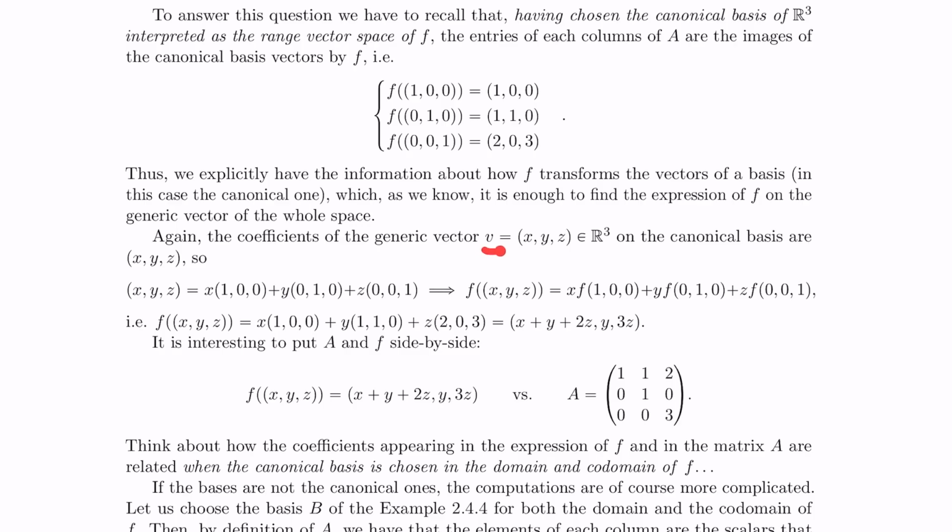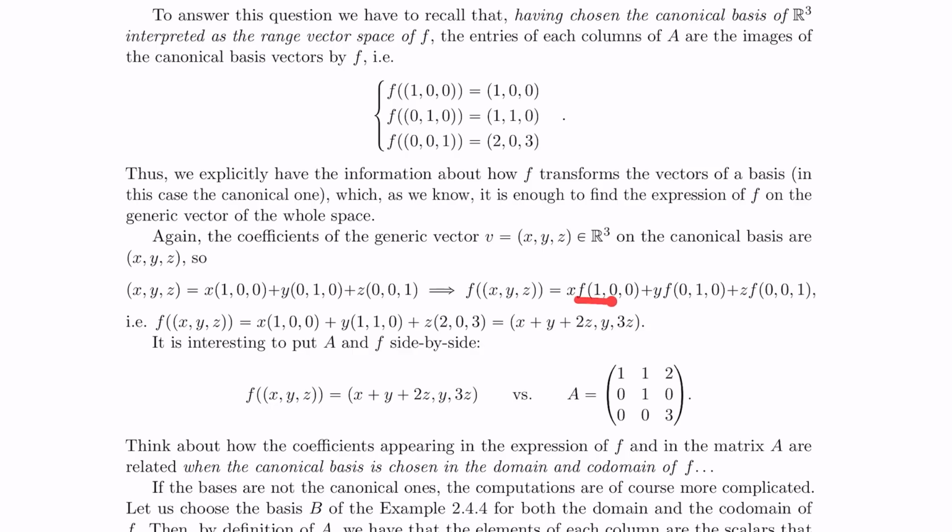We take the generic vector v belonging to R3 written as (x, y, z), and we decompose this vector on the canonical basis like this, and then we apply f to this vector, which means by linearity that we have x times f applied to the first element of the canonical basis, plus y times f applied to the second element of the canonical basis, plus z times f applied to the third element of the canonical basis.